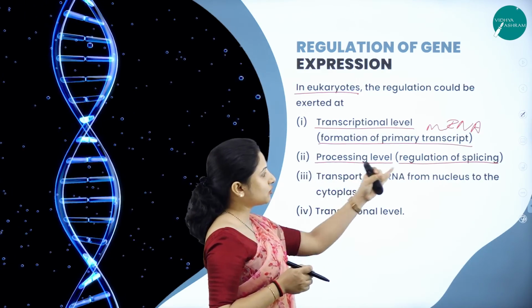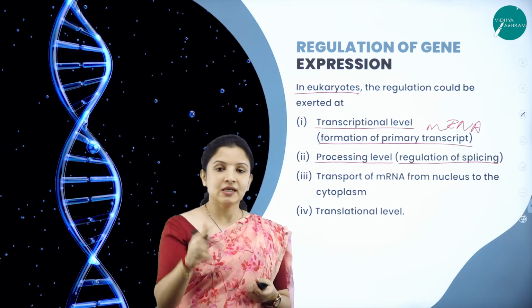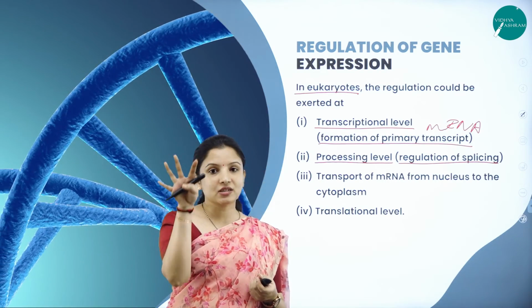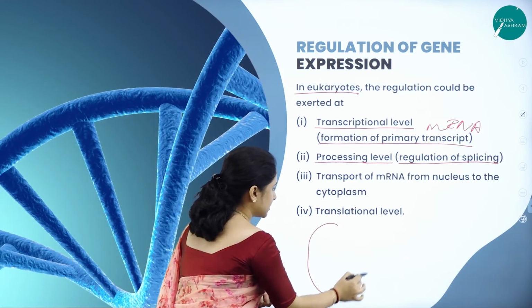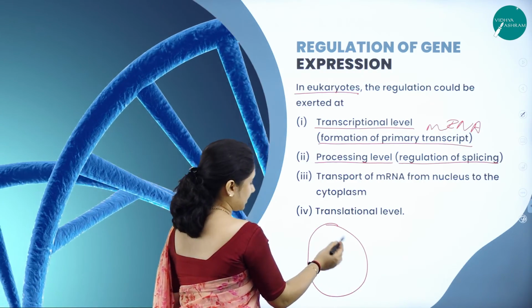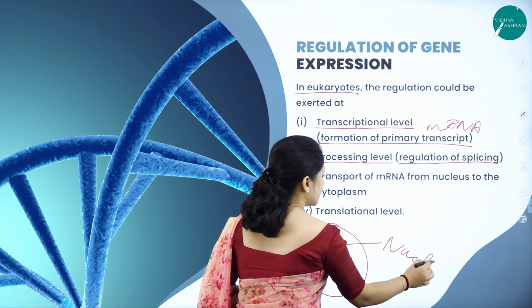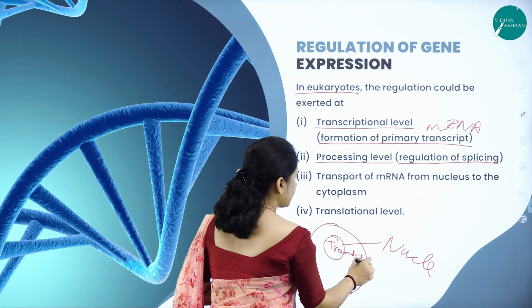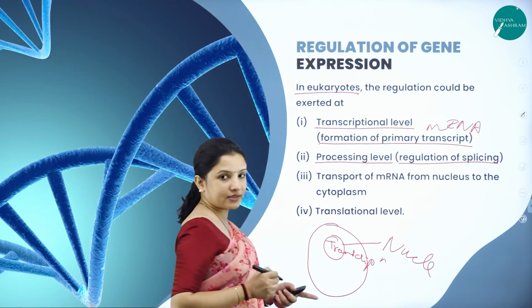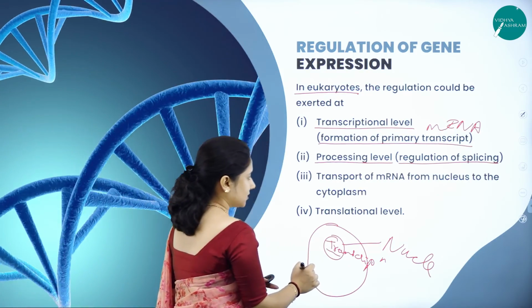Next is the transport of mRNA after the transcription process. This transcription process will take place inside the nucleus of the cell. Say for example, if this is a cell and there is a nucleus. So this is a nucleus. All the transcription process will take place inside the nucleus of the cell. Now what happened in the transcription? mRNA got produced, right?